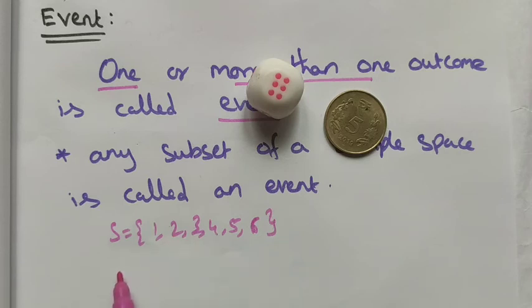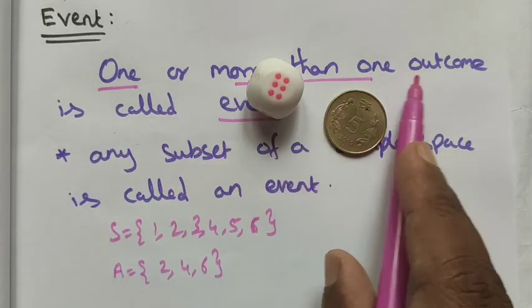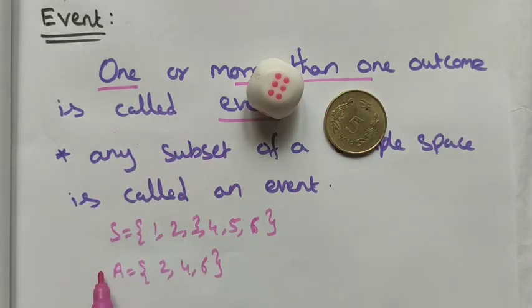Let me take it as a set of even numbers: 2, 4, 6. This is the event. Here we have 3 outcomes, not only one. One or more than one outcome is called an event. Here A is the event of even number in a dice.